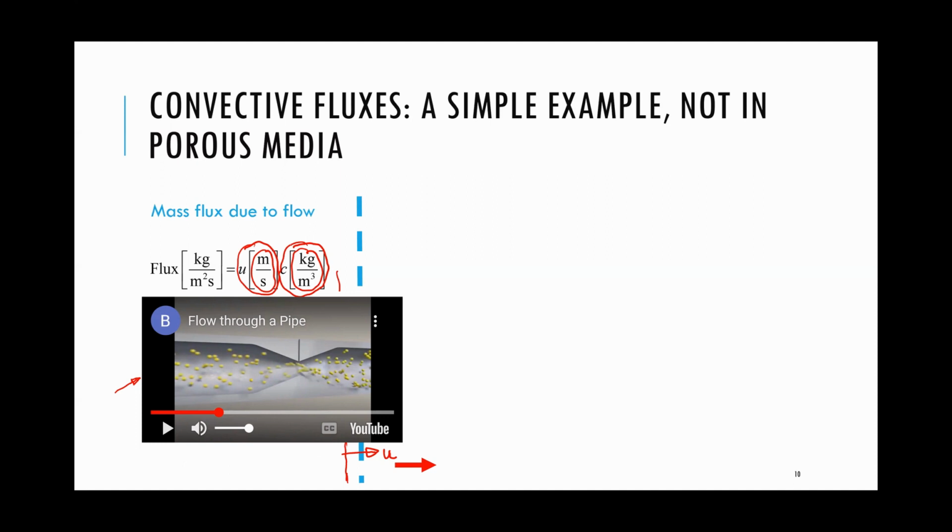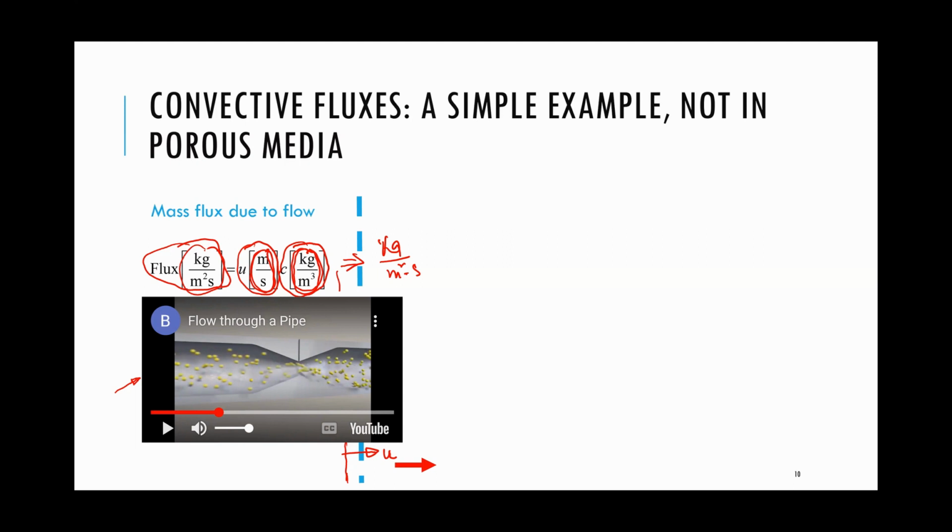C is the concentration of the yellow components. That gives the flux in kilograms per meter square per second. And if we look, the units work out. Velocity is meters per second and C is kilograms per meter cube. So this will give me kg per meter square per second as shown here.